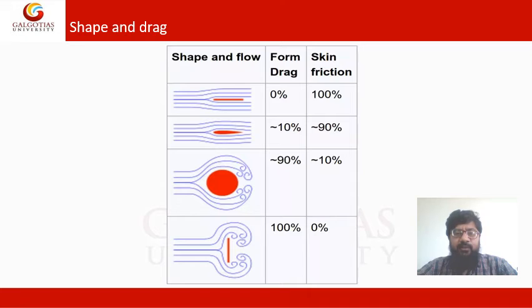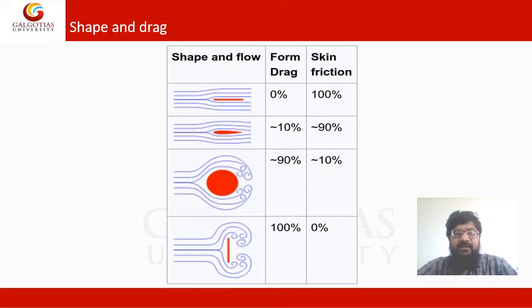The shape of an object plays an important role in the contribution of different types of drag. We can see in the picture that a flat plate has 0% form drag, that is, pressure drag is 0 because there is no wake formation and thus no pressure difference between the front and rear end, while the skin friction drag contribution is 100%.